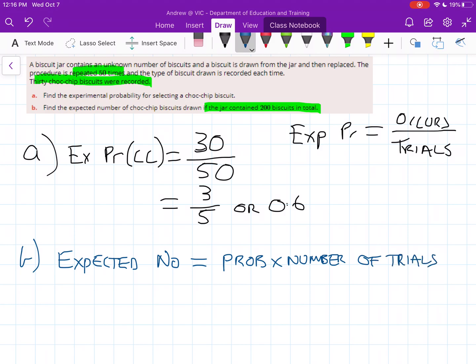Okay, so you find the expected number of choc chip biscuits drawn if it contained 200 biscuits in total. So our expected number of choc chip is going to equal the probability, which we've already worked out as 0.6 or 3/5, times the number of trials, which is 200.